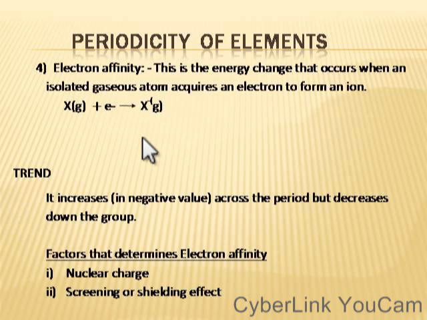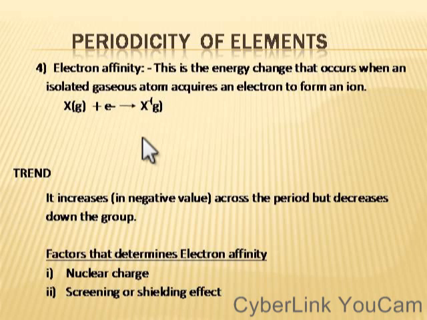It is due to the decrease in atomic size, as we all know, due to the nuclear charge. So that energy will be greater. There will be great attraction between the nucleus and the electron.